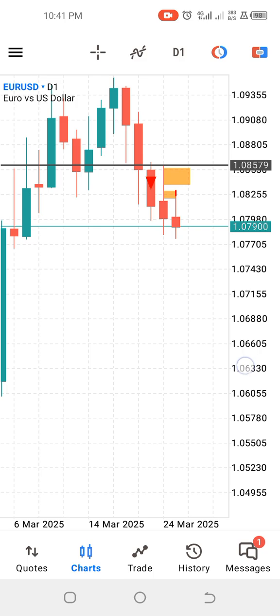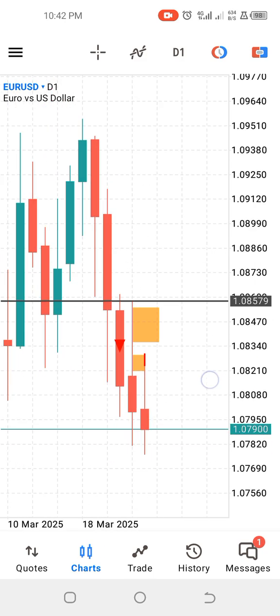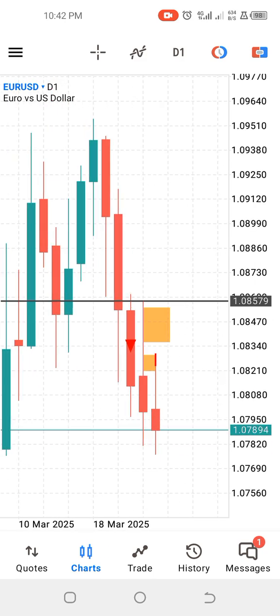I'll be doing a kind of thorough analysis on this pair, Euro USD, and I will be explaining some very important tips as a price action trader, some few tips that you need to know, and how I myself trade the forex market, how I've been able to make the few profits I'm making on the forex market.